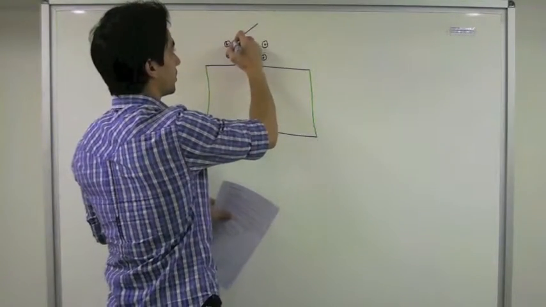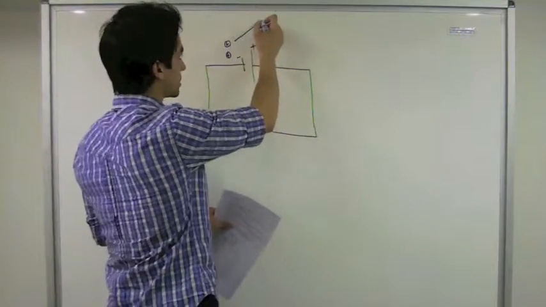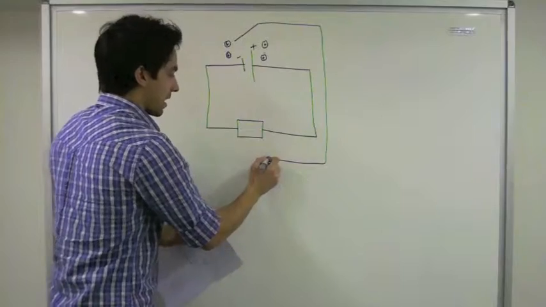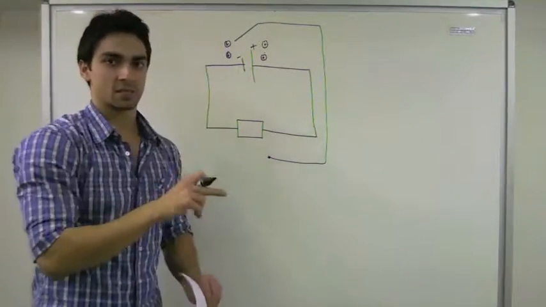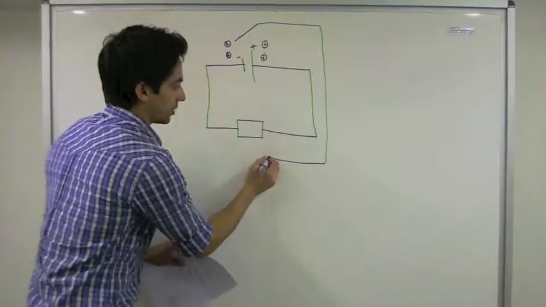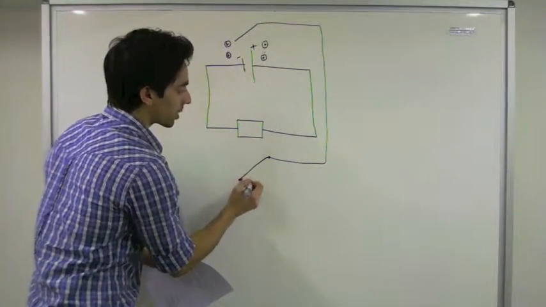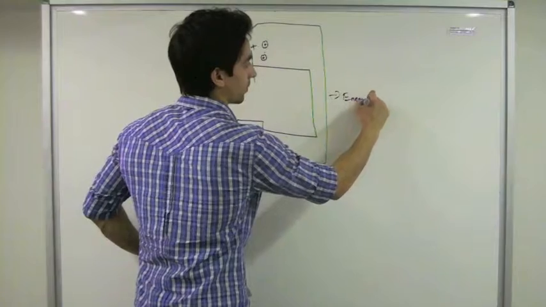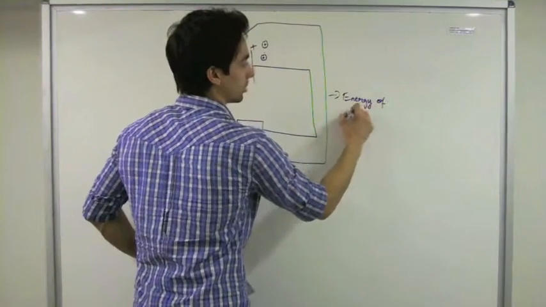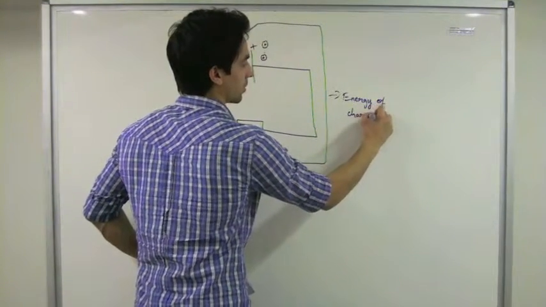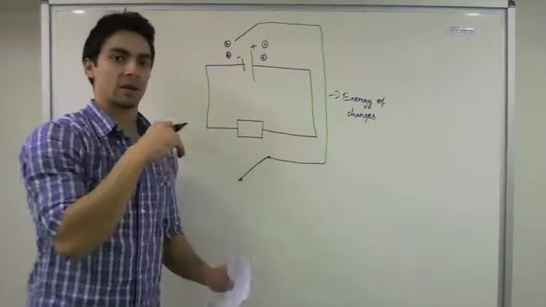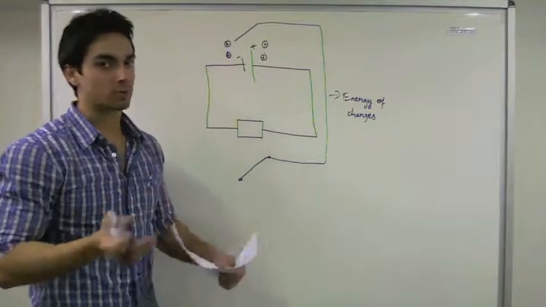So, the battery will provide energy to the charges here, and then the charges will flow across the circuit. Every time they come across a resistance, they will lose energy. So this is the energy level of the charges. When they come across a resistor, their electrical energy is converted to other forms of energy.